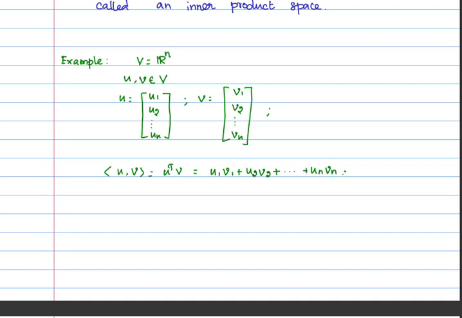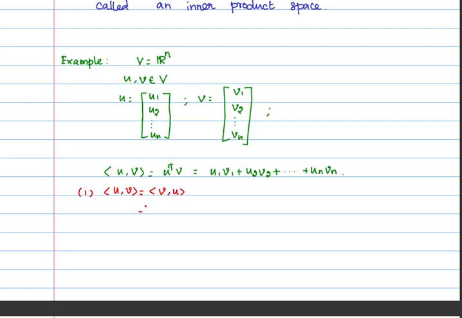So this is the inner product. What is the first condition? We have to check whether this is an inner product or not. Condition 1 is u comma v equal to v comma u.